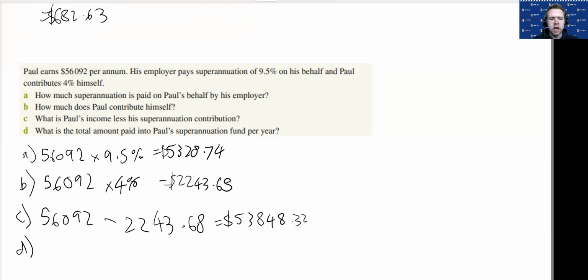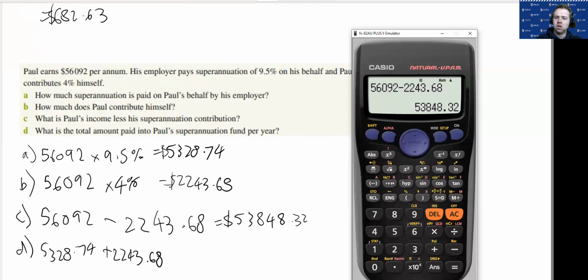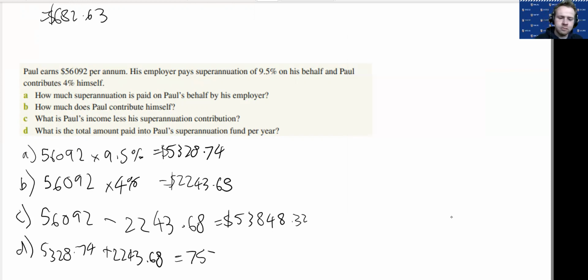And then what's the total amount in your superannuation fund per year? Then it's just simply the two values that we calculated for A and B added together. So 5328.74 plus 2243.68. 7572.